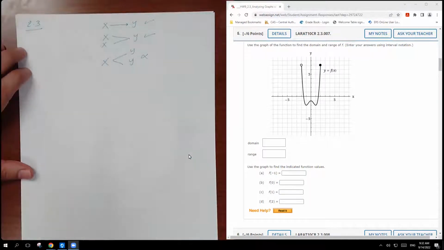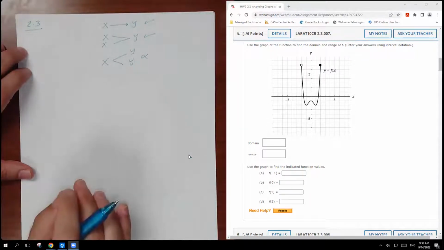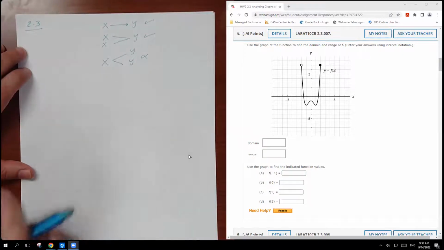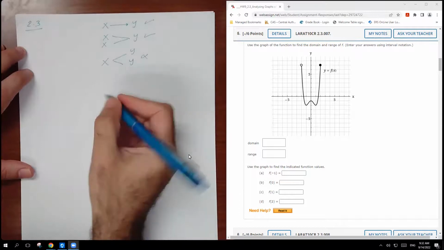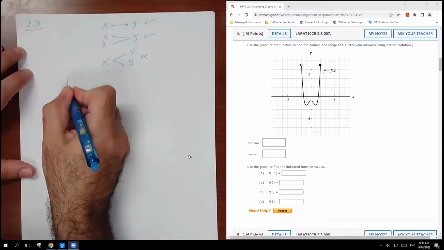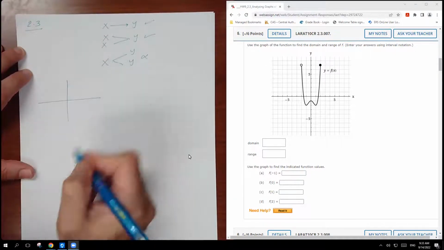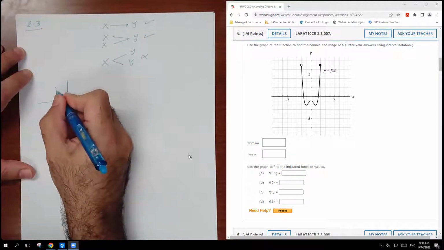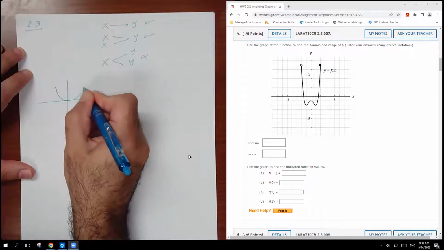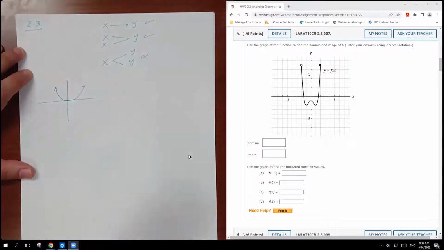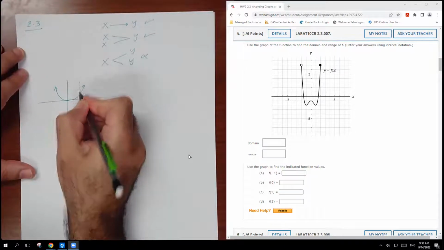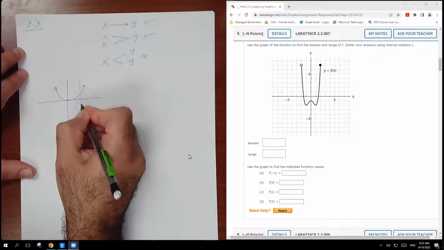So the vertical line test, we can use that when we have a graph, because we can't test each point. For example, if you have this graph, this is a simple graph. To test this graph, I'm going to choose a point here on the graph, a vertical line test here.